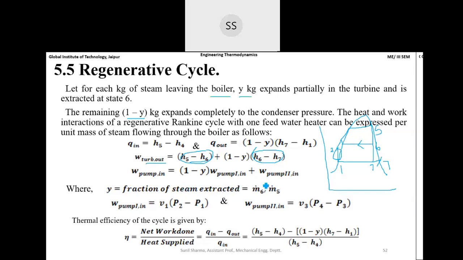This is for all, so for the total we have already multiplied with 1, no need to write it. Here y is the fraction of steam extracted, which may be represented as m dot 6 over m dot 5. W pump 1 will be V1 times (P2 minus P1), and W pump 2 will be V3 times (P4 minus P3), because this point is 3 and this point is 4.